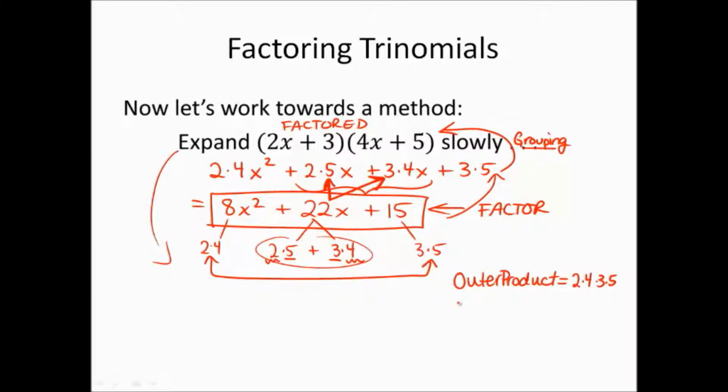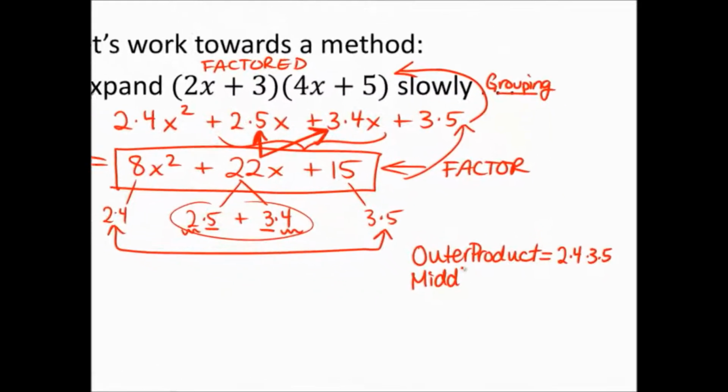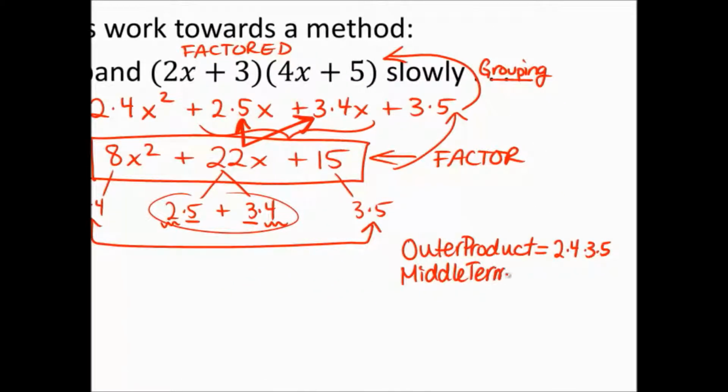The middle term is 2 times 5 plus 3 times 4, which is taken from components of the outer product.